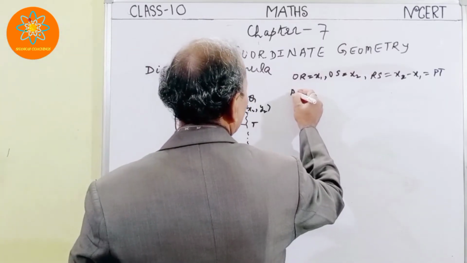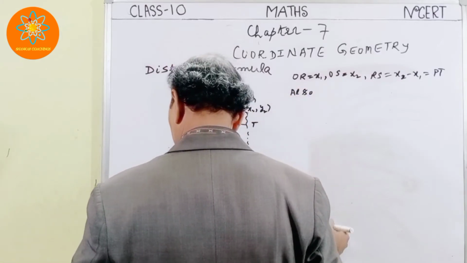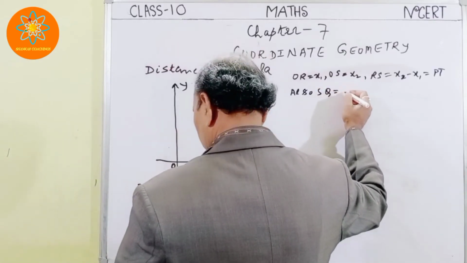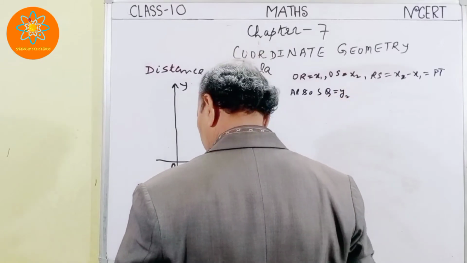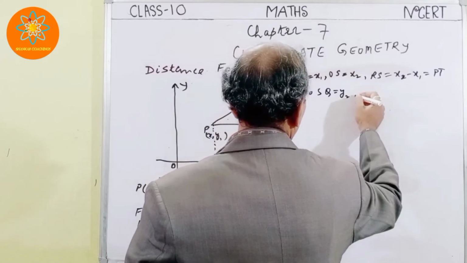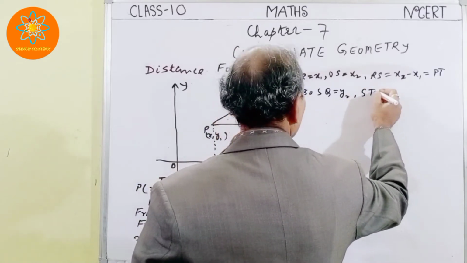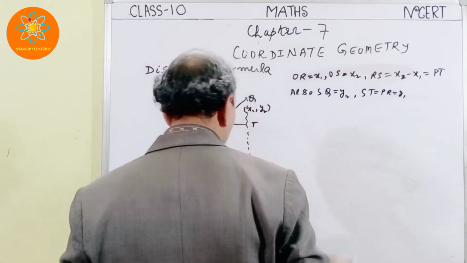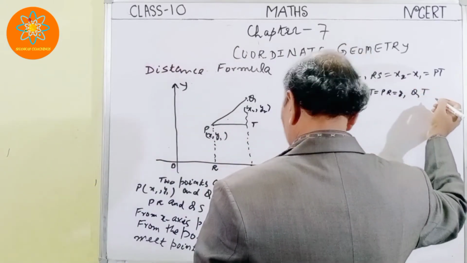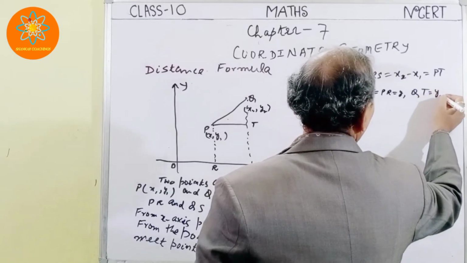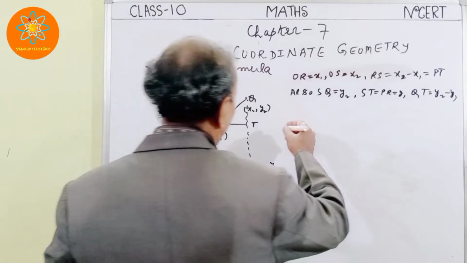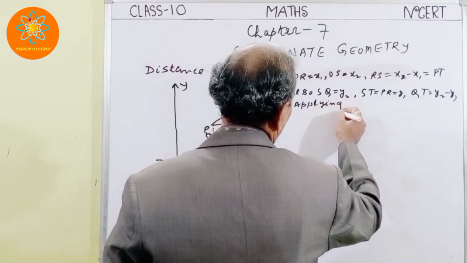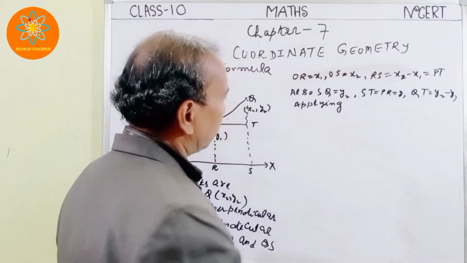Also SQ is equal to y2, ST is equal to PR, which is equal to y1. Similarly, TQ is equal to y2 minus y1.